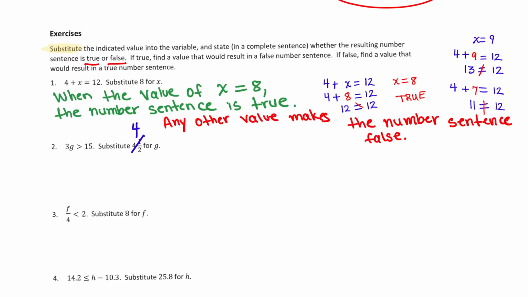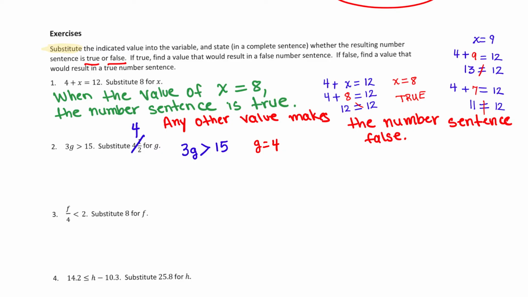Let's go ahead and do the next problem. 3 times g is greater than 15. We're going to substitute 4 for g. Once again, I am going to rewrite the inequality. This is 3g is greater than 15, and we're going to use g equals 4.